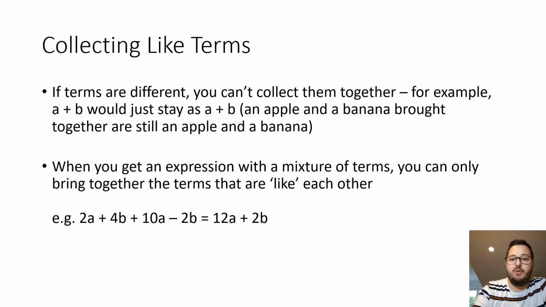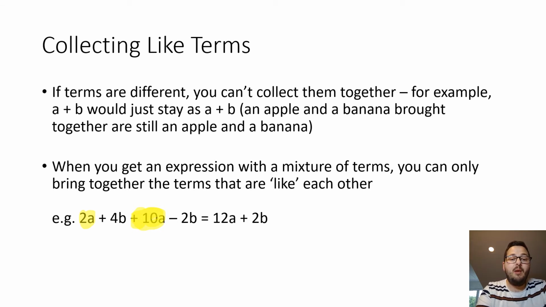But what you can do is you can bring the like terms together. So for example, in this one, we've got 2A plus 4B plus 10A minus 2B. So if we start just by looking at, well, we've got A here. Do we have any terms that match that? Well, yeah, we've got another A term here, and it's always the sign in front of it that tells you whether you add or take away.